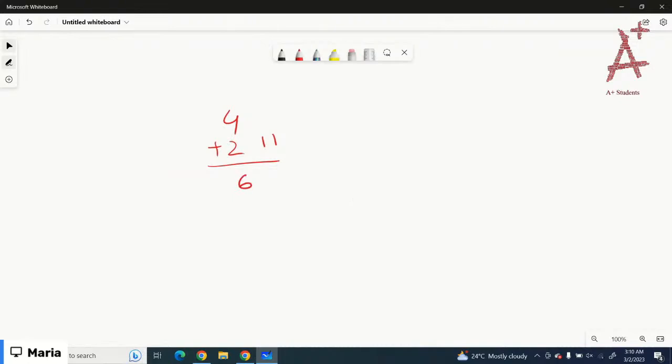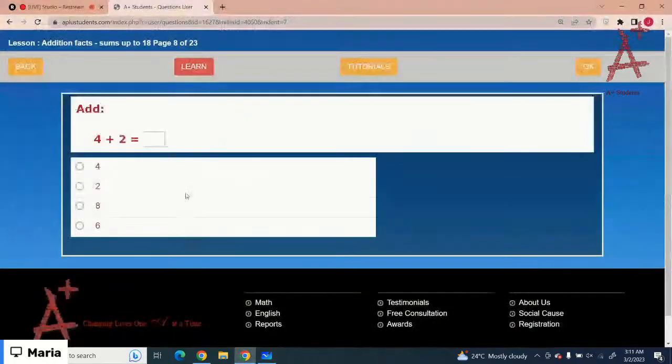Got it? 4 plus 2 equals 6. So just select the correct option and click on the OK button.